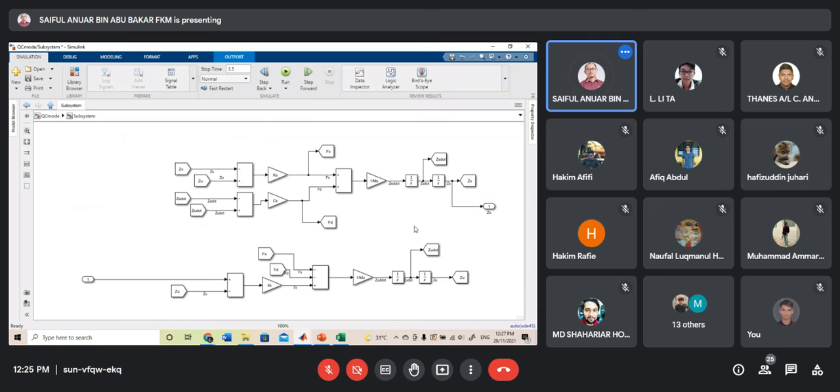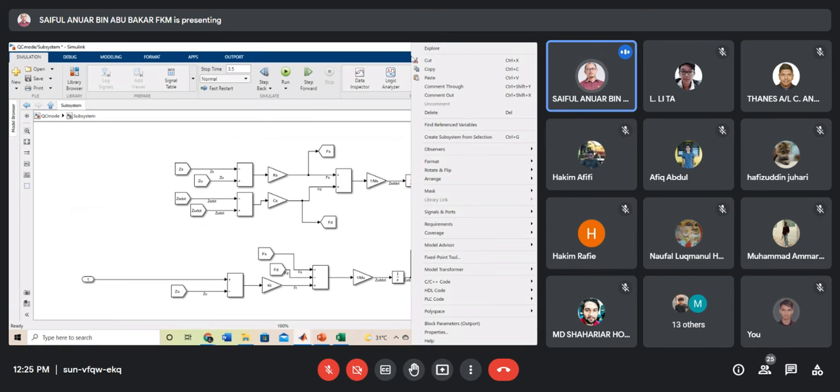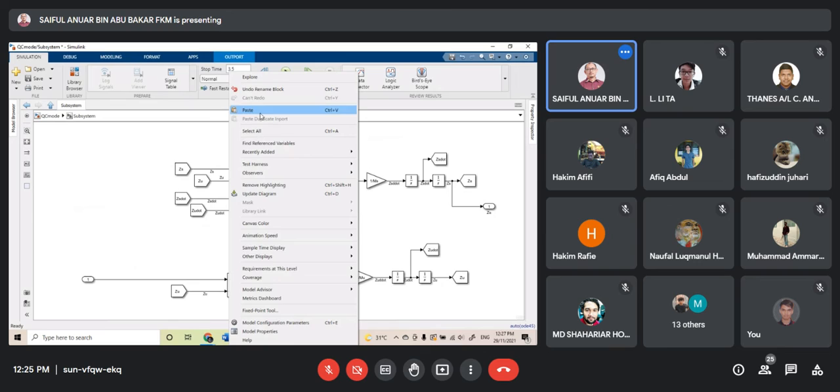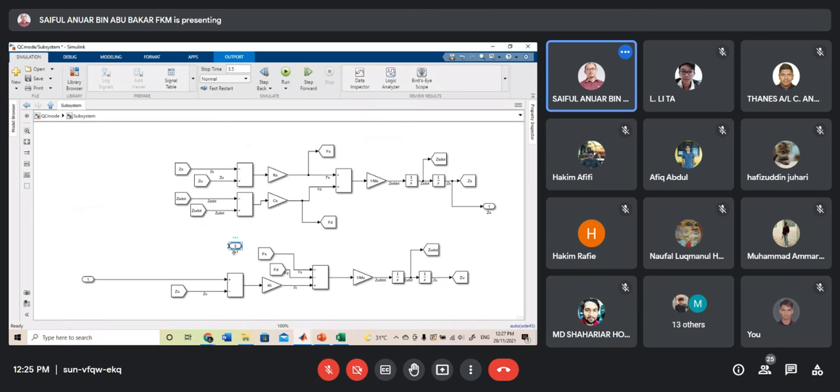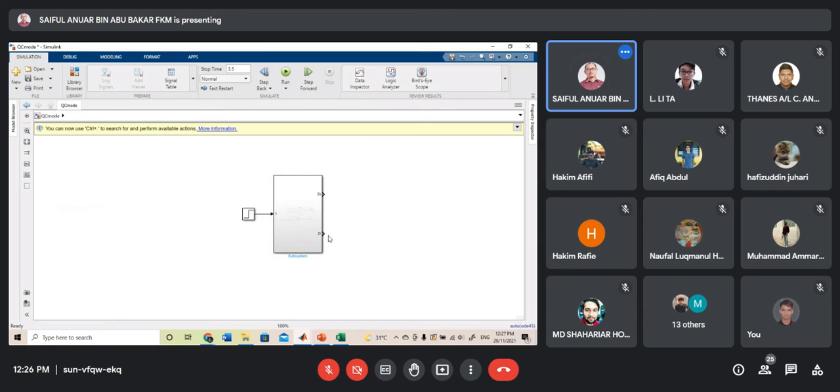Label it. Then put another one for this one. Okay, in, and then you channel it back out. So you already have two signals. One belongs to JS and one belongs to ZR.